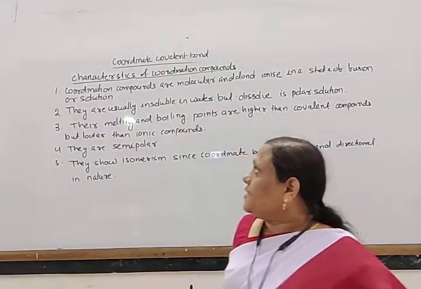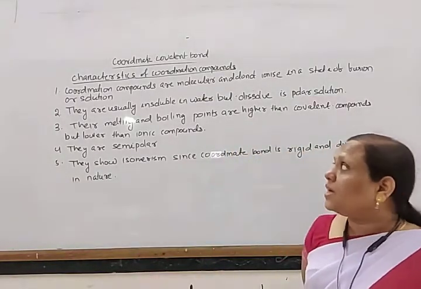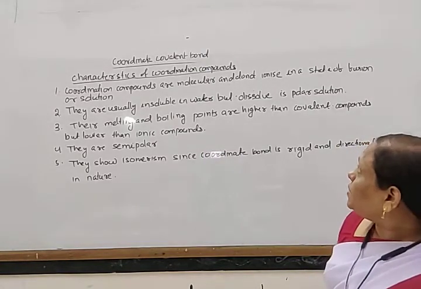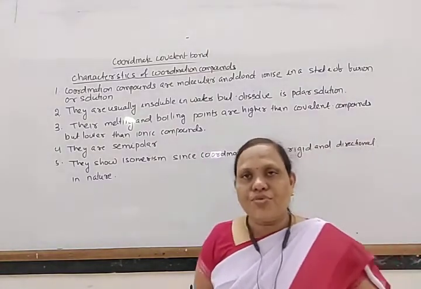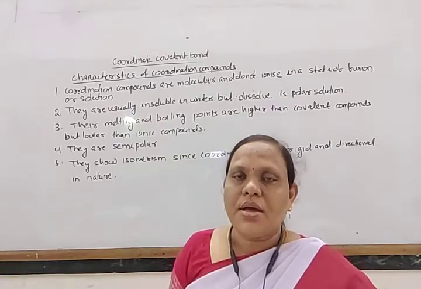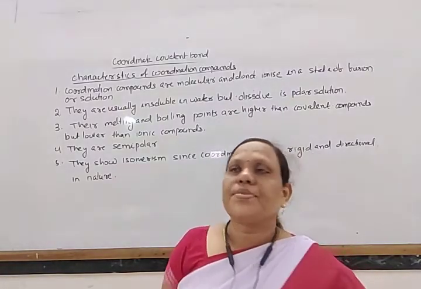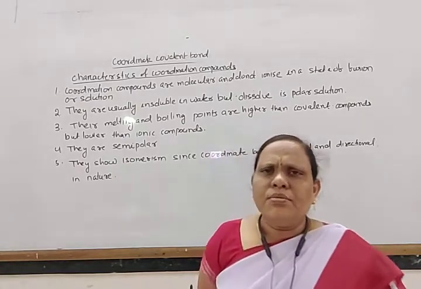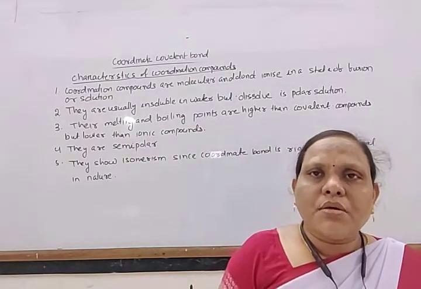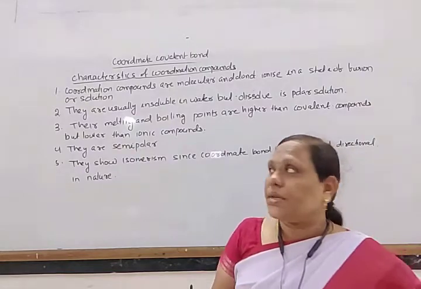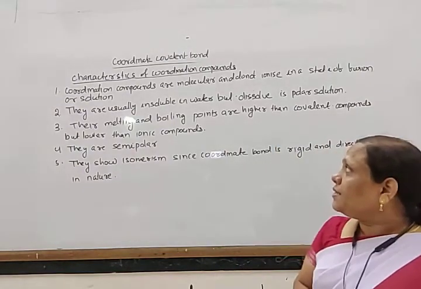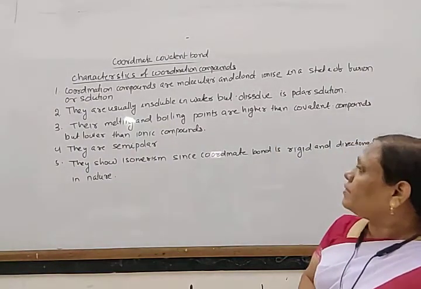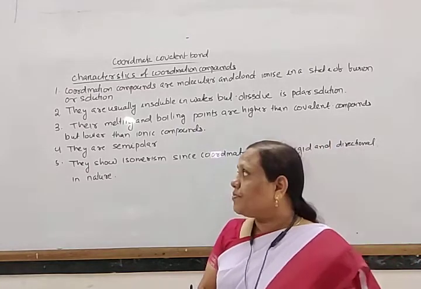Coordination compounds are molecular and do not ionize in the state of fusion or in solution like ionic compounds. They are usually insoluble in water, where usually means some of the molecules are soluble, but they dissolve in polar solvents.